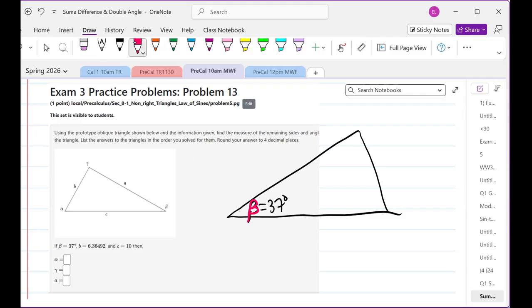So that's the angle I put there. And that means the side opposite that has to be side B. So this is the 6.36492. And then the other side they gave us was C equals 10.